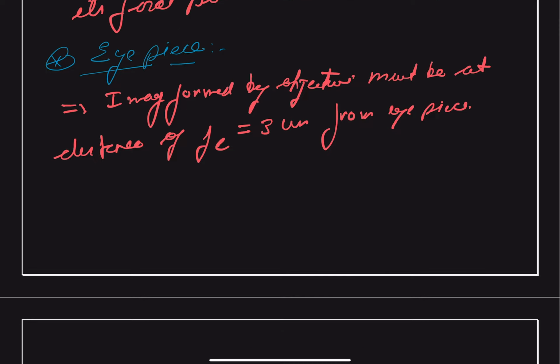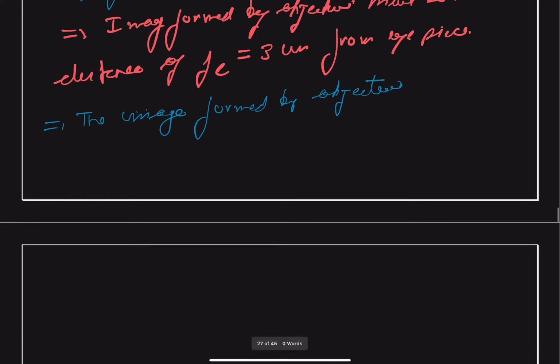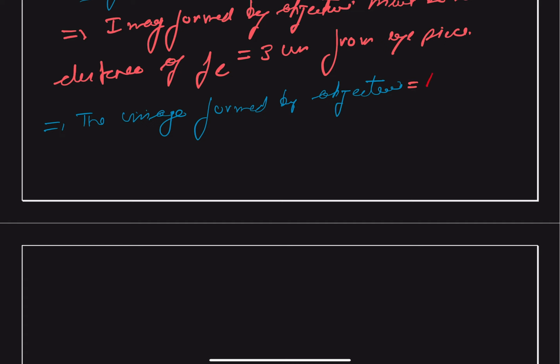So it means the image formed by objective will be given by L minus Fe.